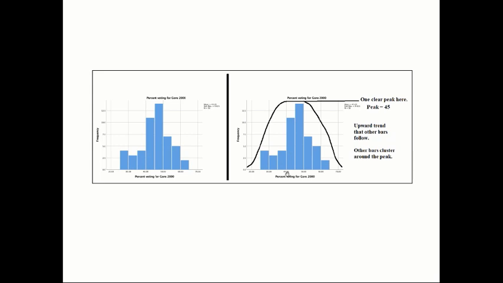If this is 40 and this is 50, the middle between 50 and 40 is 45. So from this outline, I could see there's one peak around 45. There is an upward trend to this peak that the other bars follow, and these bars are all clustering around this peak.